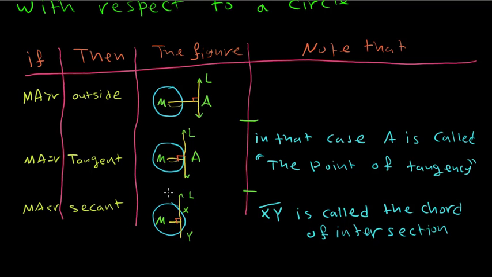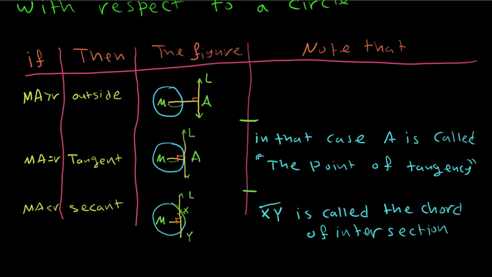In that case, we will call the straight line a secant, because MA is less than R. MA, from this point to this point, is less than R. So in that case, the straight line L, we will call it a secant.